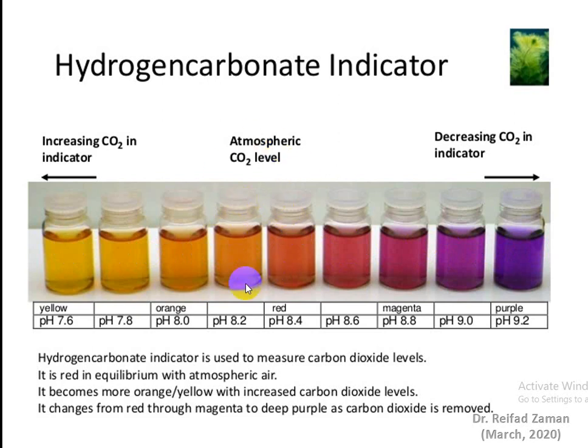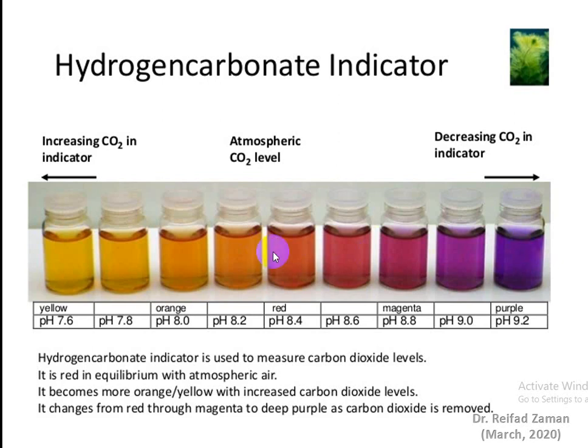Normally, at normal atmospheric carbon dioxide concentration, the bicarbonate indicator takes a red or orange color. As the atmospheric carbon dioxide concentration increases, the red or orange bicarbonate indicator turns yellow, and if carbon dioxide level decreases, the color turns toward purple.